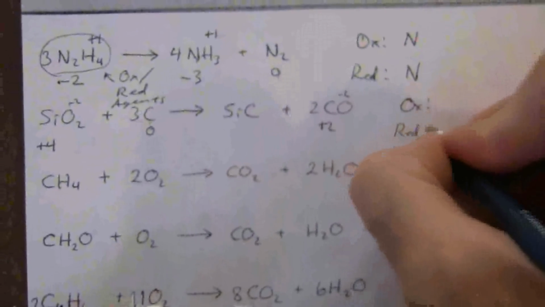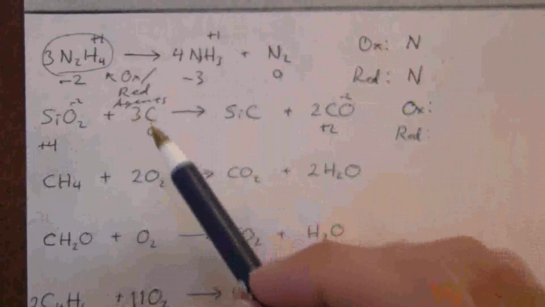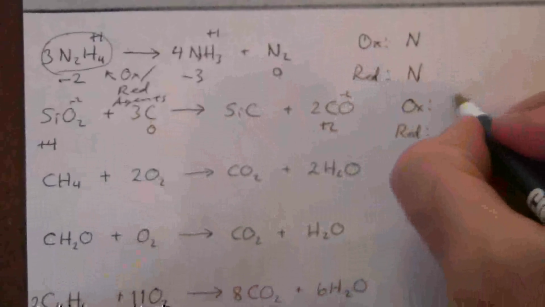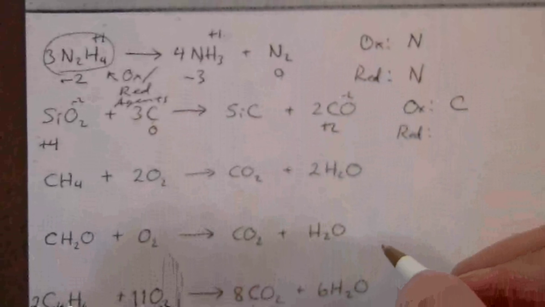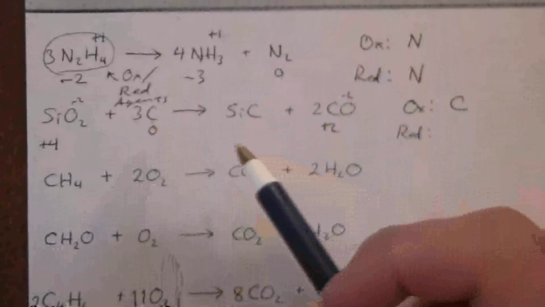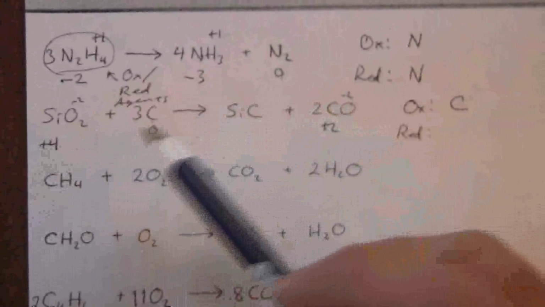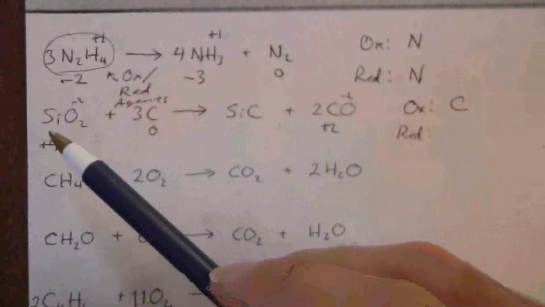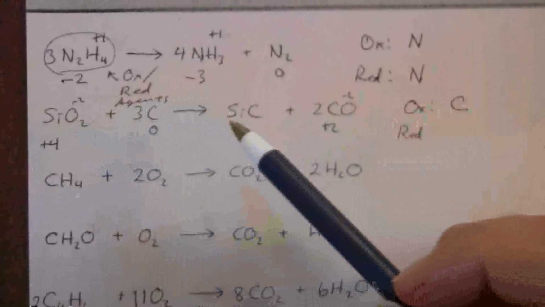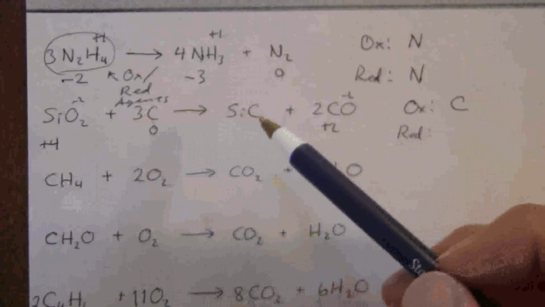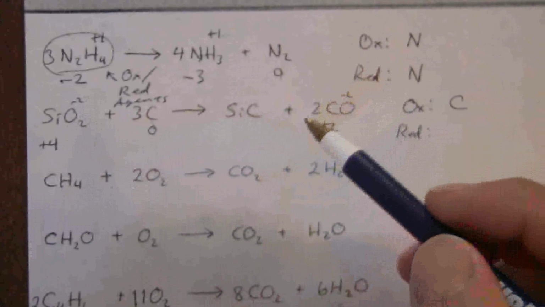And here, first of all, I know that carbon is being oxidized, right? So carbon is my oxidized element. That means, and oxygen is not being oxidized or reduced. So it must be, or at least silicon is a good bet that it is our reduced element, okay?